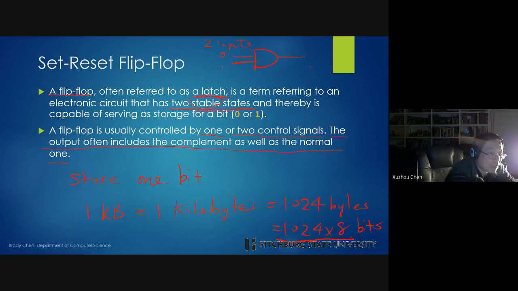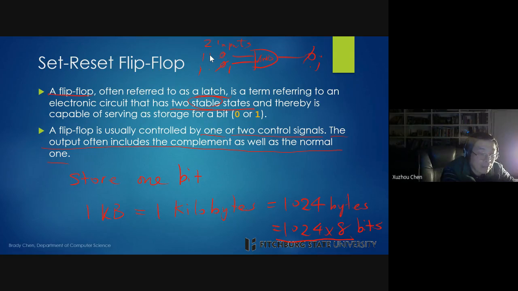So if the input is 0, 0, because it's an AND gate, then you get a 0. If you have 0, 1, you also get a 0. And 1, 0, you get a 0. The only time you have 1, 1, you get 1 out, right? Because this basically simulates an AND operation.